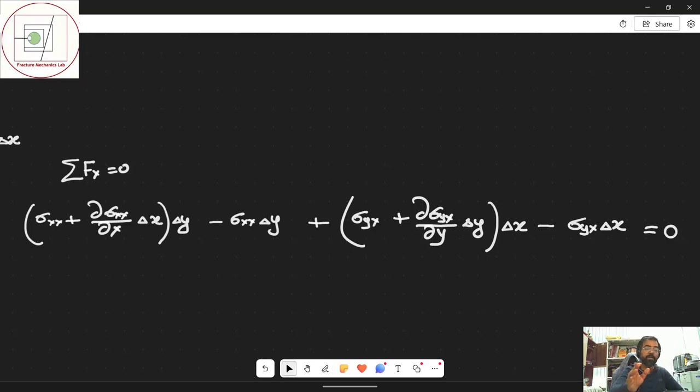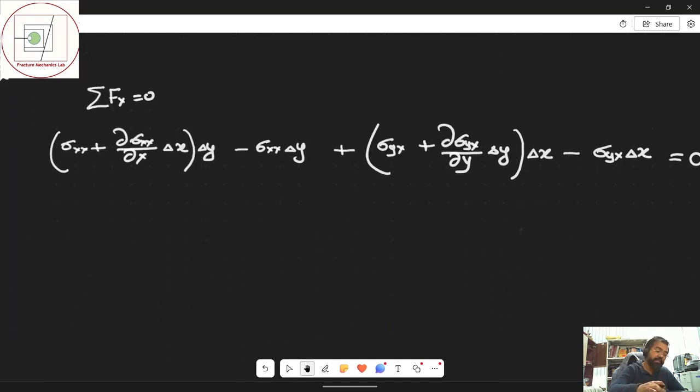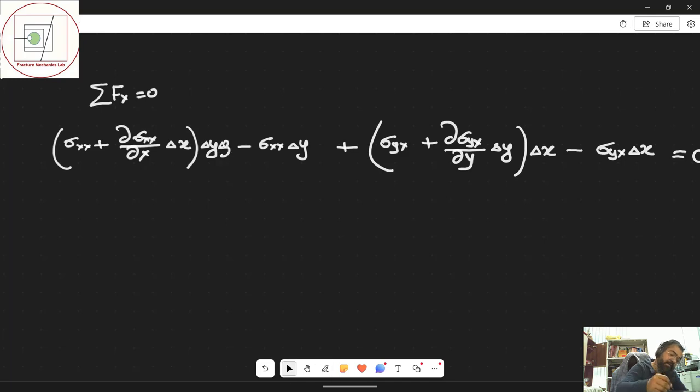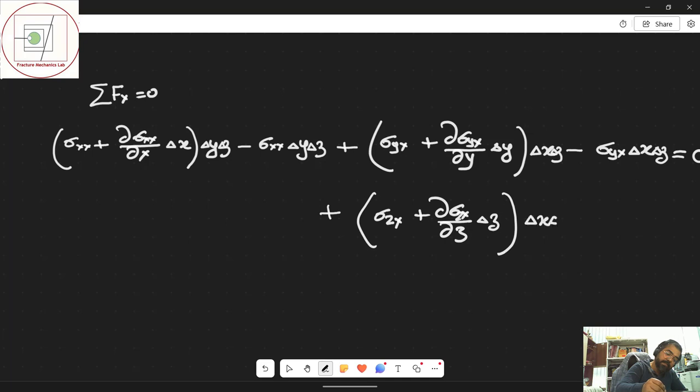and this must be equal to 0. I'm ignoring the z direction, but if I don't ignore it, if I had done it in three dimensions, then I can consider delta z here, here, and here, and I will have another force which will be sigma zx plus del of sigma zx del z multiplied by delta z delta x delta y minus sigma zx delta z delta x delta y, and this would have been equal to 0.